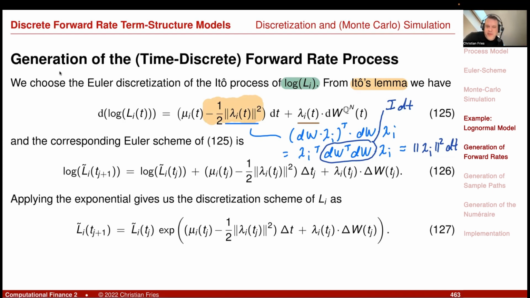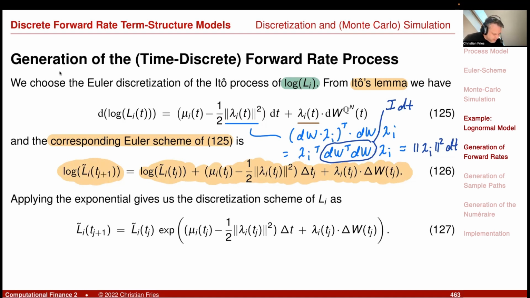So that is the instantaneous variance of the log Li. Now I apply the corresponding Euler scheme on the logarithm of Li. So the next value of the logarithm of Li at tj plus 1 is the previous value, plus the drift frozen at the starting time tj times delta tj, plus the factor loading lambda I of tj, frozen at the starting time tj, multiplied with my Brownian increment.